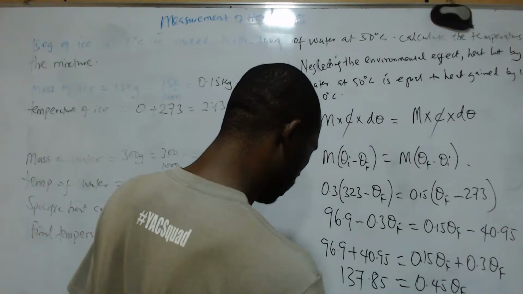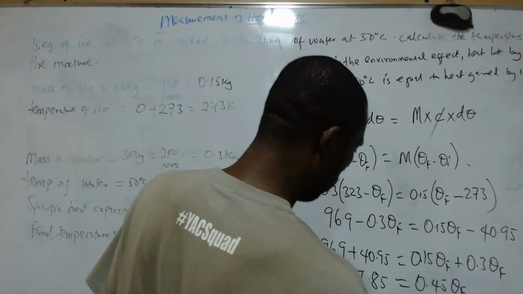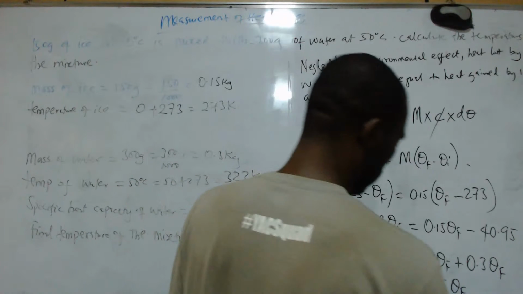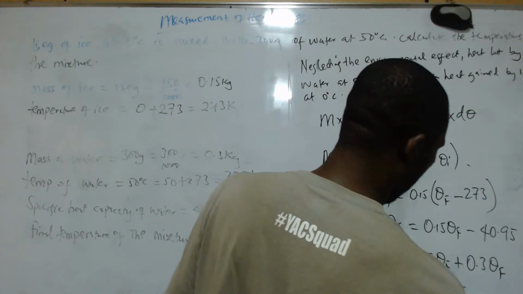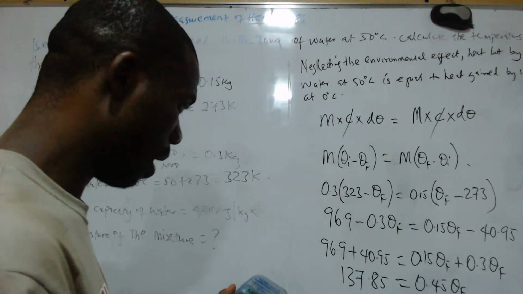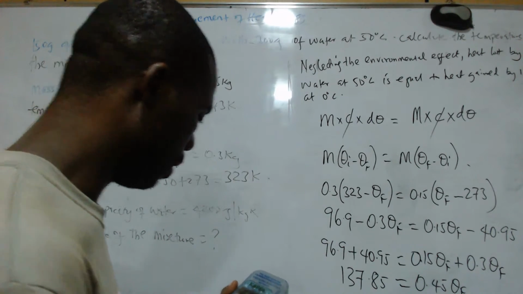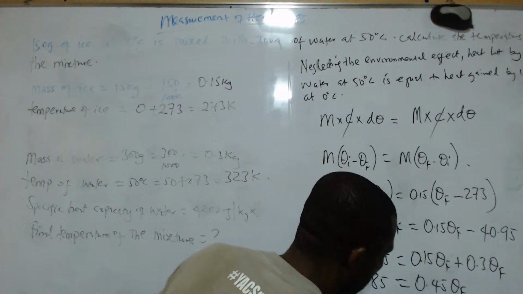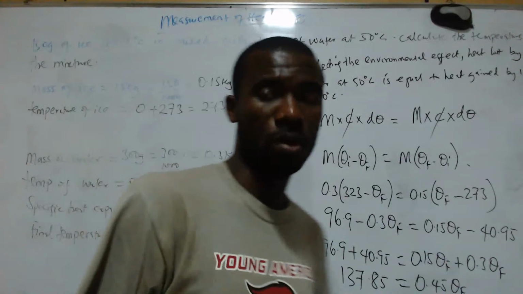So theta final will be 137.85 all over 0.45. Mathematically, if you shift the decimal point two places, that means we have 13785 all over 45. So we have that our theta final will be equal to 13785 divided by 45. It will give us 306.33 Kelvin. So this is the final temperature of the mixture between the two components.